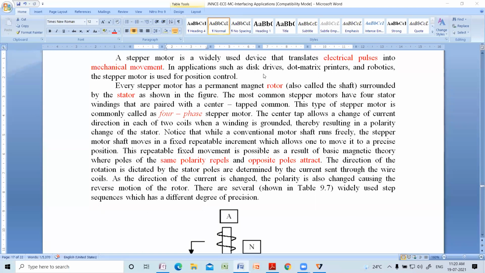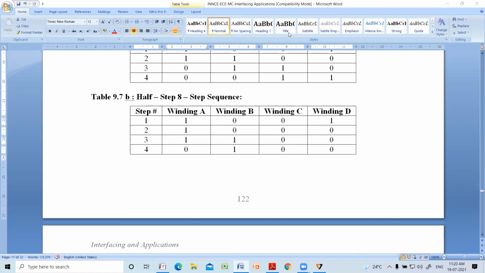The direction of rotation is always dictated by the stator poles, which is determined by the current sent through the wire. As the direction of current is changed, polarity is also changed, causing the reverse motion of the rotor. So the various step sequences I have told you.